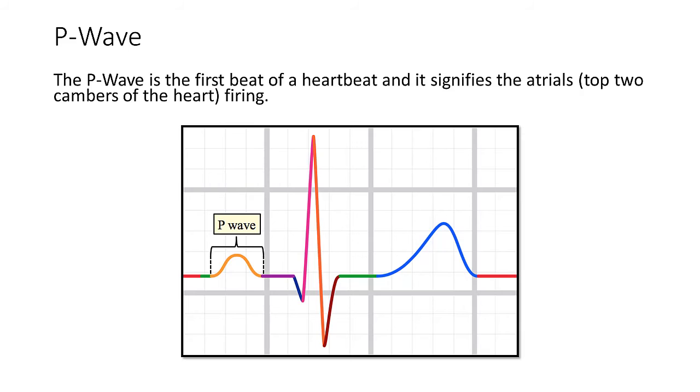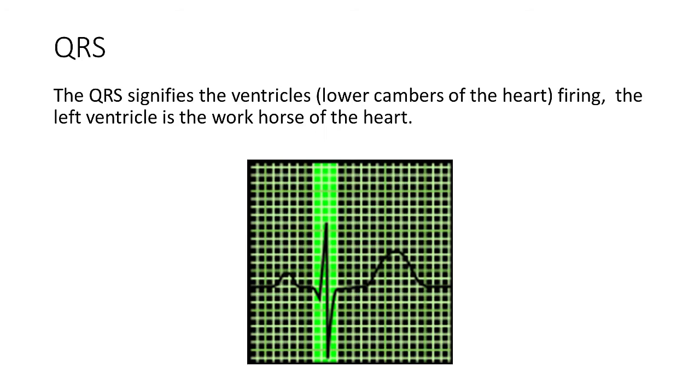What it signifies is the upper chambers of the heart, the atria, firing. The next wave is actually a set of three waves, which we call a QRS complex, and that is the ventricles firing, the workhorse of your heart. The ventricles are where the blood is thrown. Specifically, the left ventricle is what pushes blood throughout the body.